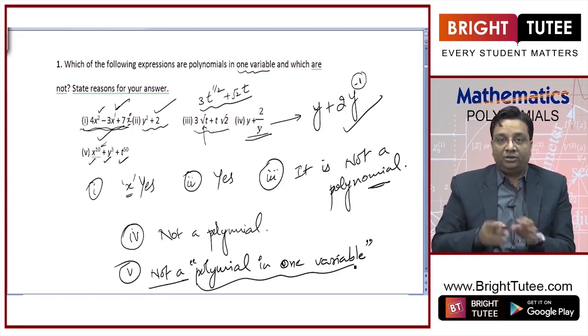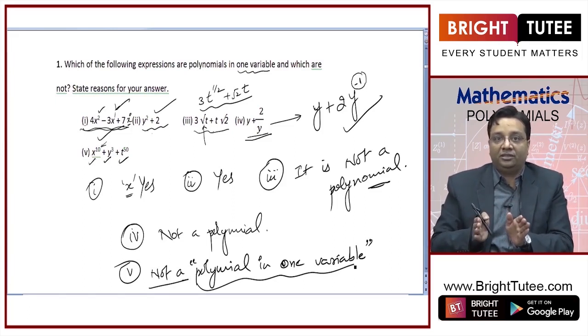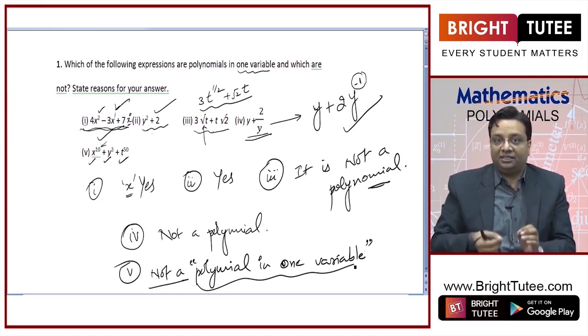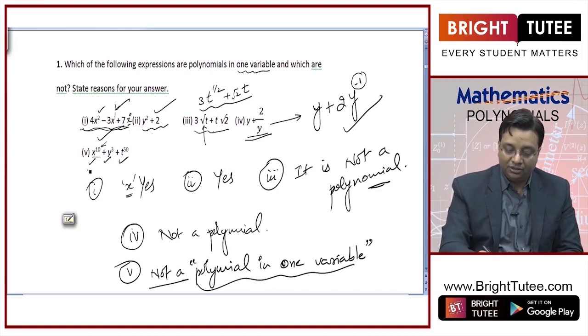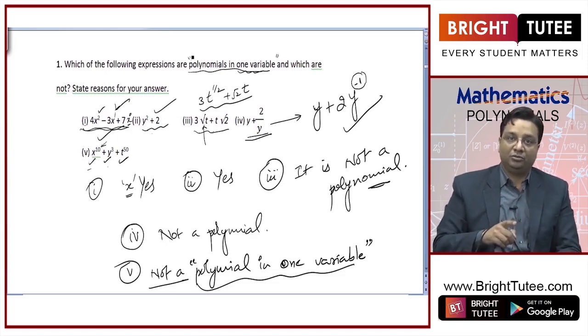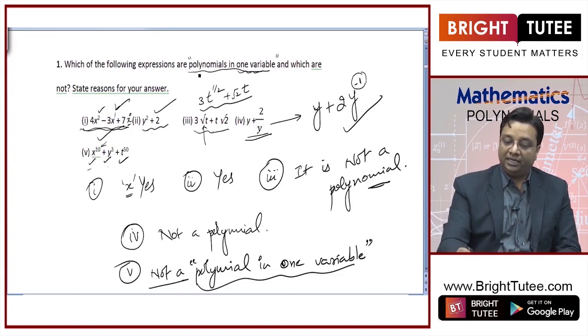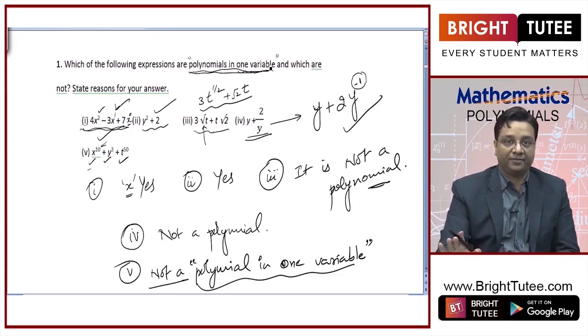Okay, you cannot say that this is not a polynomial and stop at this point. You have to say in one sentence that it is not a polynomial in one variable, because it has three variables. Why? Because the question was, is it a polynomial in one variable? The question was not whether it is a polynomial or not. So the entire expression has to be considered while answering this question.